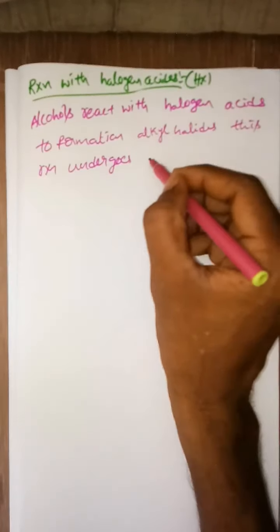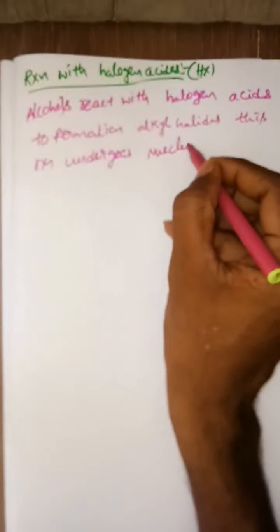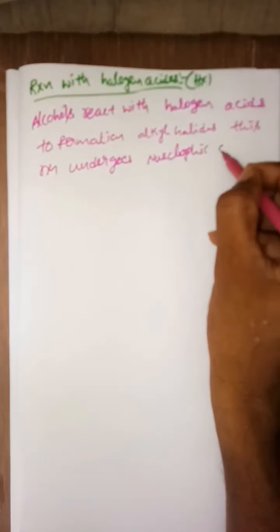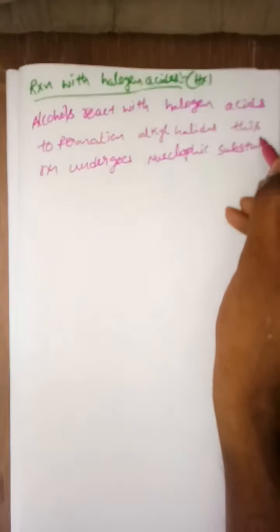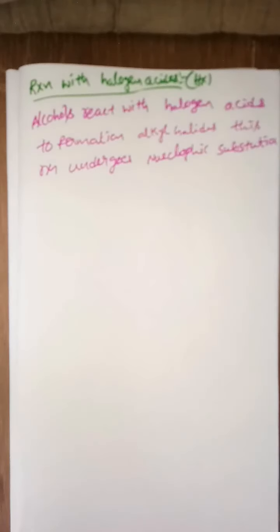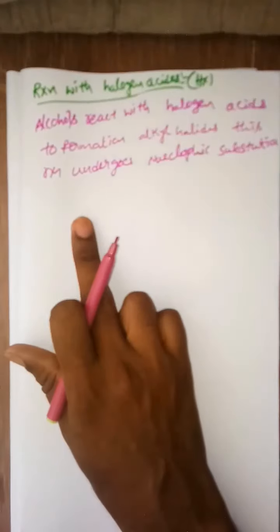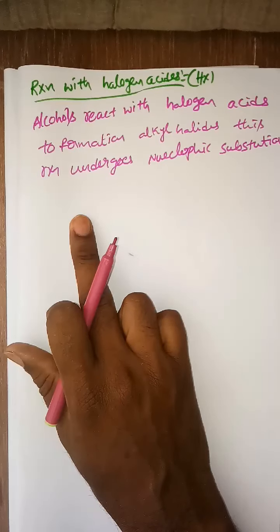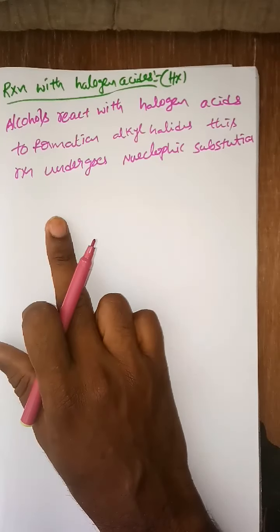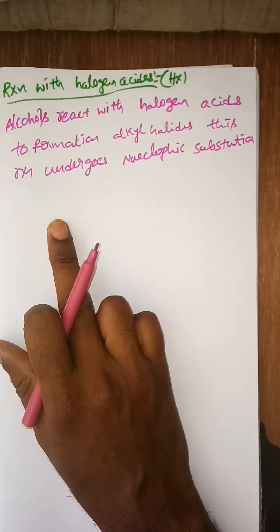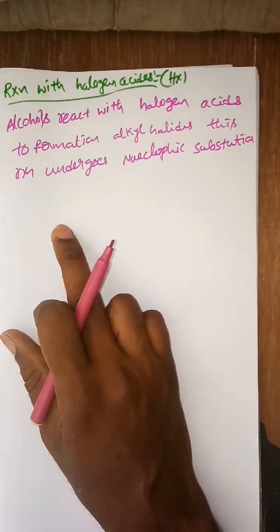This reaction undergoes nucleophilic substitution. When alcohols react with halogen acids to form alkyl halides, it undergoes a nucleophilic substitution reaction.